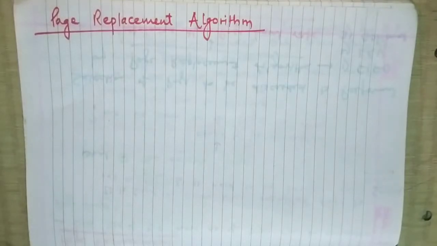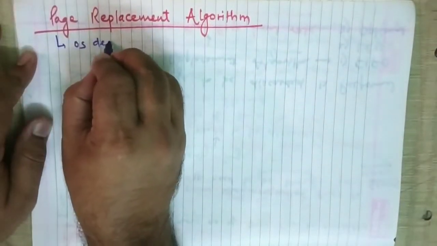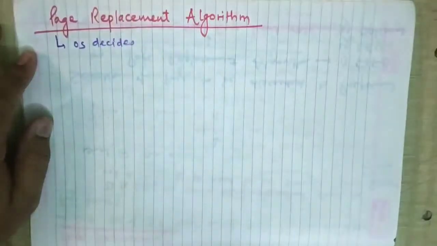And the second question which arose in the previous video was which page we have to replace with the required or demanded page. That is the big question, and for that we have to refer to different types of algorithms, that is page replacement algorithms. Page replacement algorithms are basically the techniques using which the operating system, OS, decides which memory page to swap out.